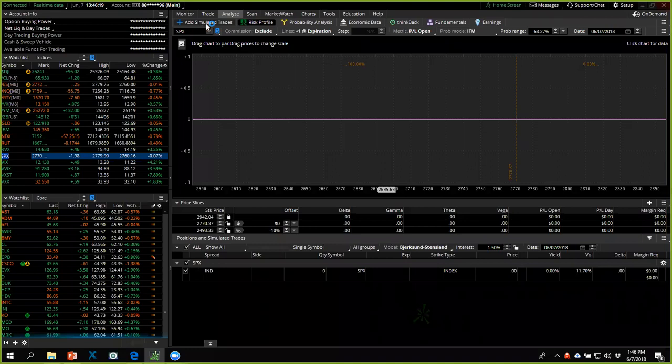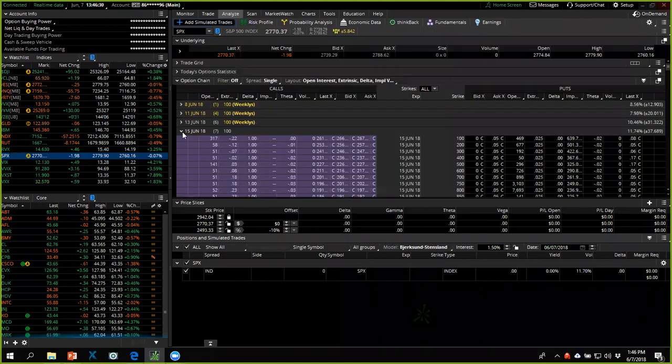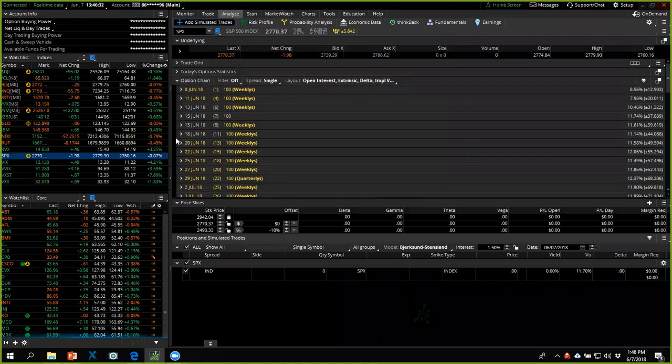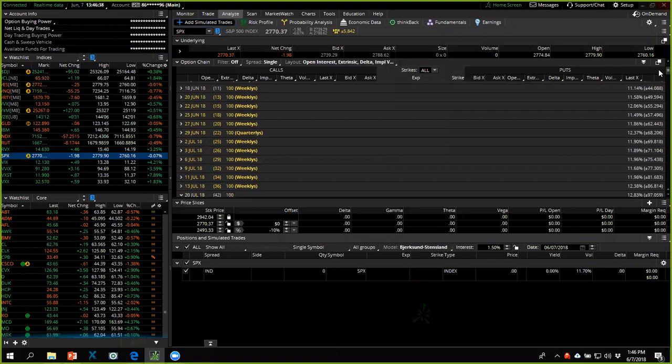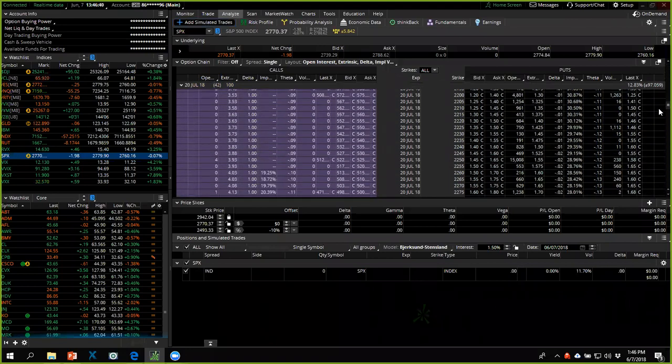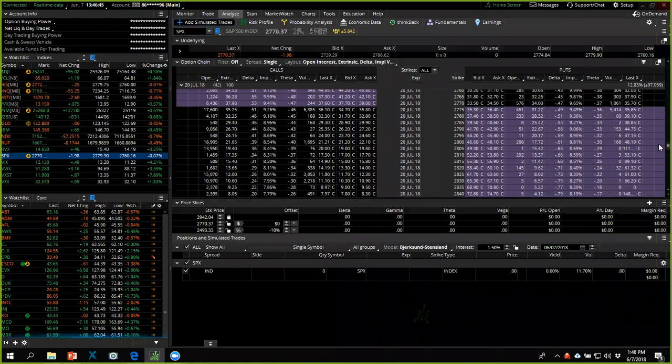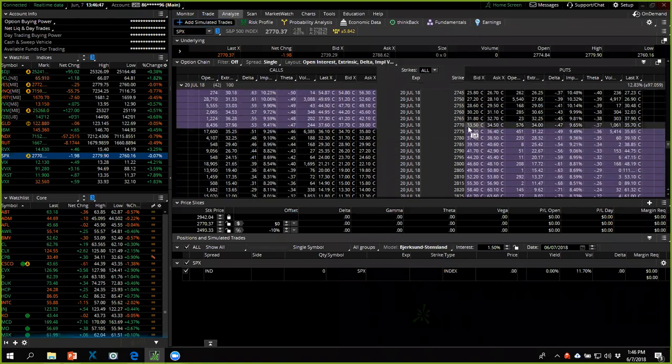If it ever comes up here. There we go. Let's say it was a July trade. I'm just picking something at random to look at here. And let's say you did a debit spread near the money. So that would be, let's say you did 2760 / 2750.